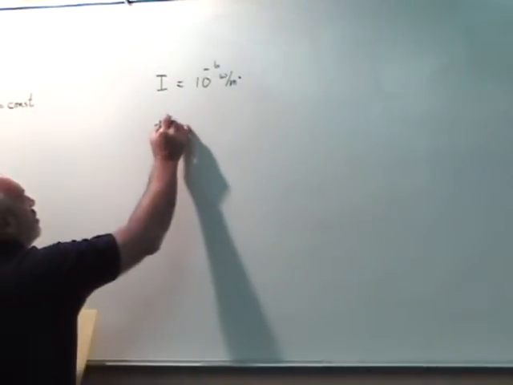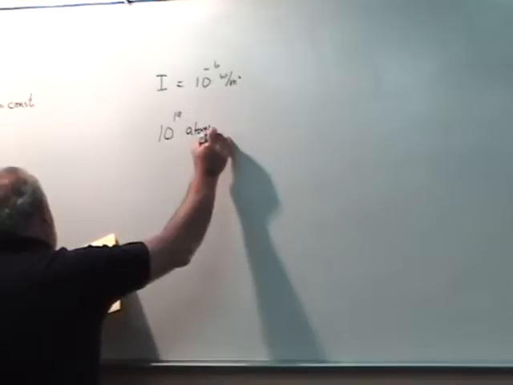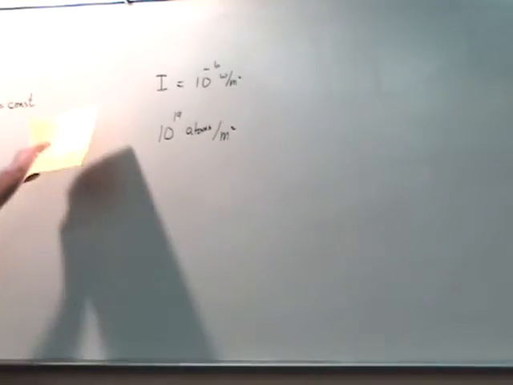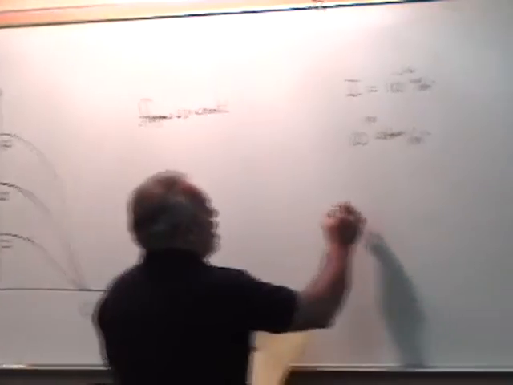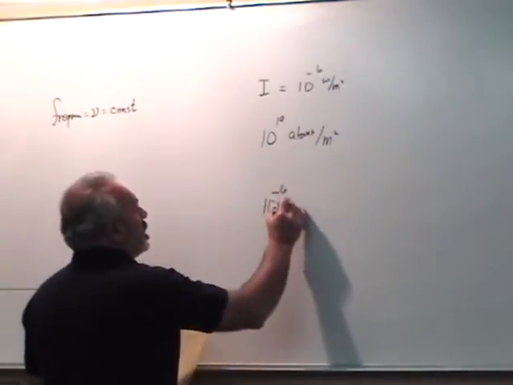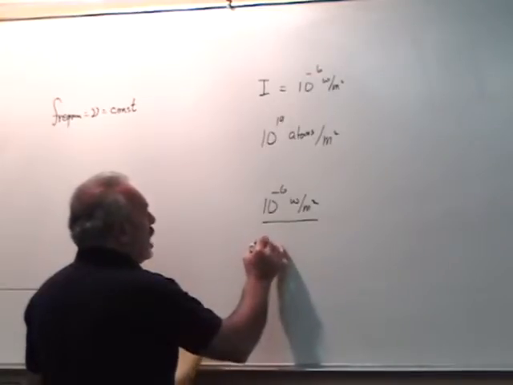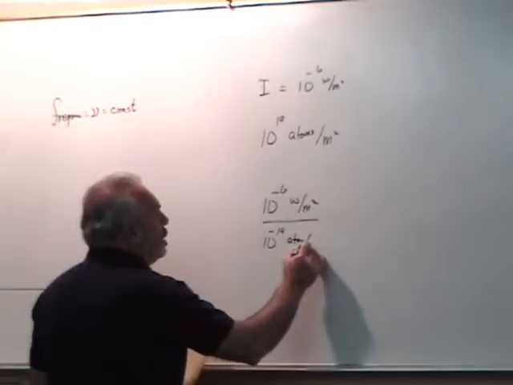There are about 10 to the 19 atoms per meter squared. So this light intensity is being spread over 10 to the 19 atoms. Well, what do we have? Look at this. We have 10 to the minus 6 watts per meter squared divided by 10 to the 19 atoms per meter squared.